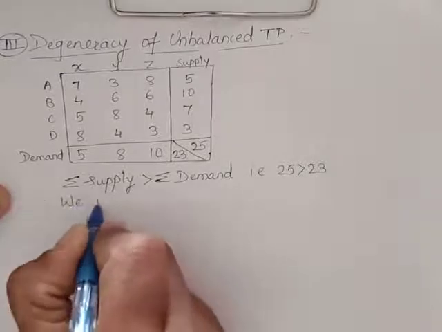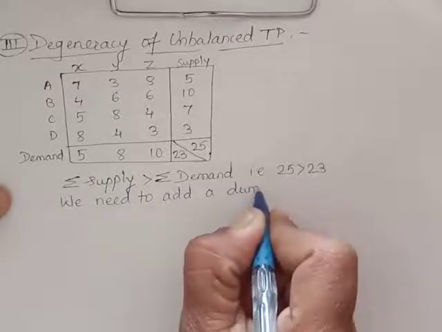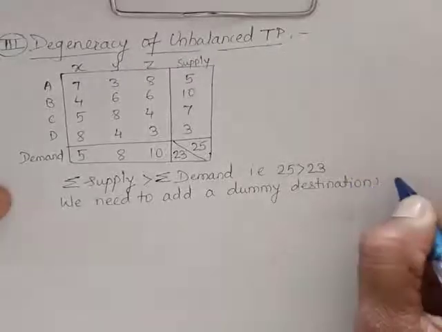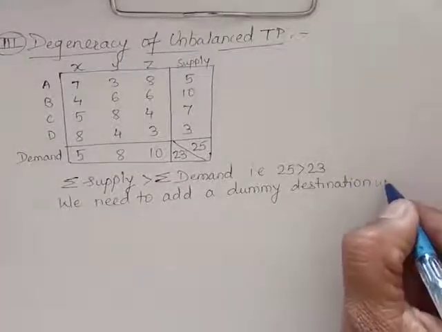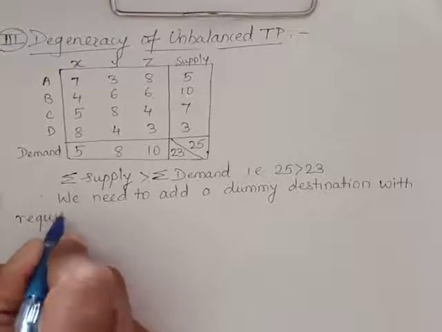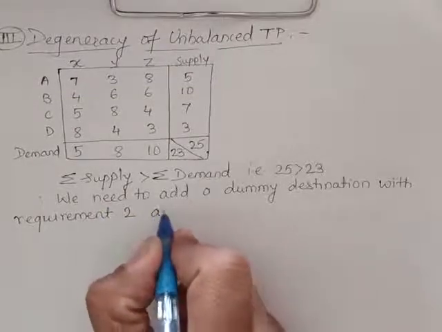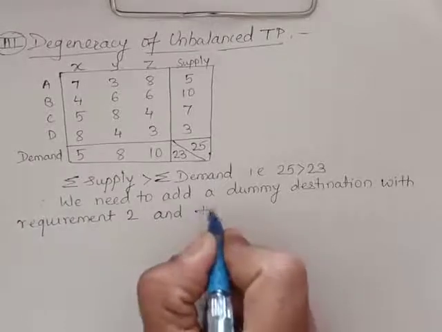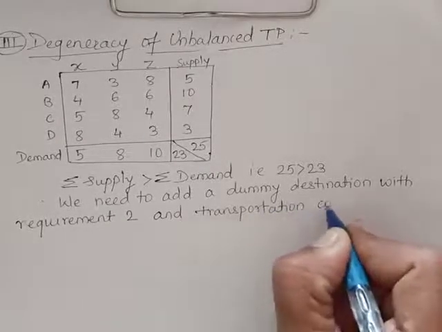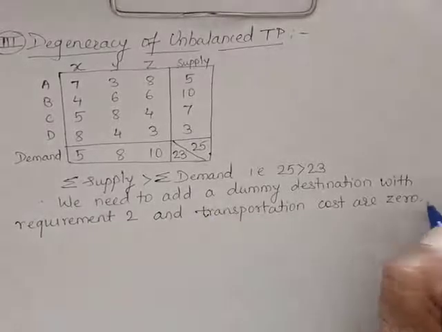Therefore we need to add a dummy destination here, with requirement 2, and the transportation costs are 0. Transportation costs are what? 0. Okay.